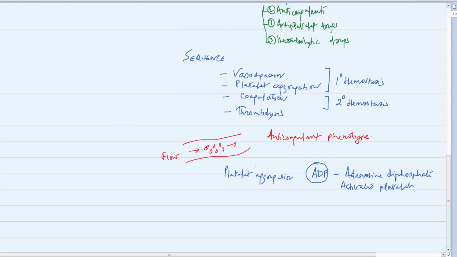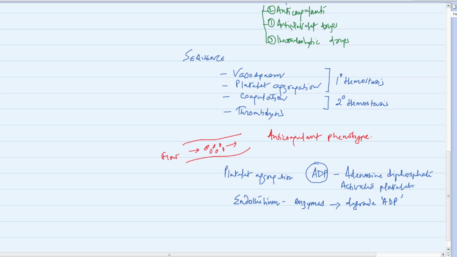So the endothelium produces enzymes which degrade ADP. If there is some bit of ADP that is formed, the endothelium produces enzymes which degrade it and prevent the platelets from sticking to each other.